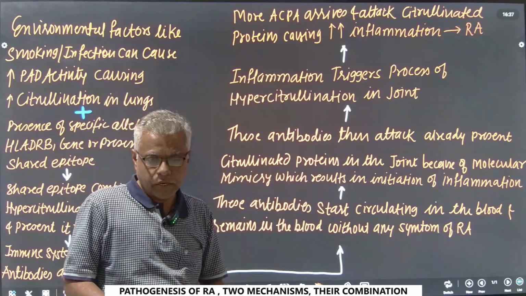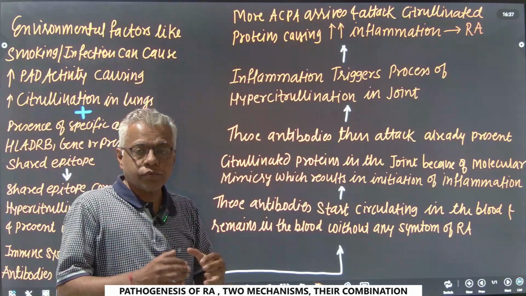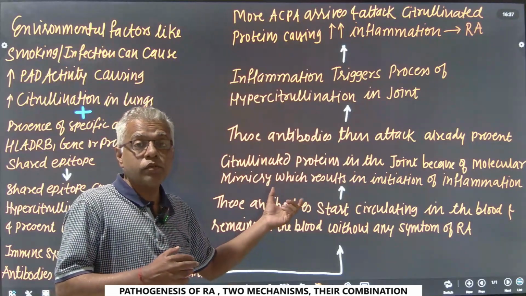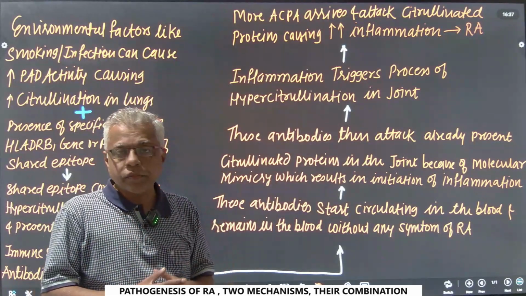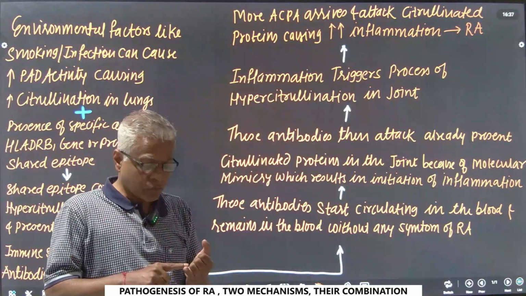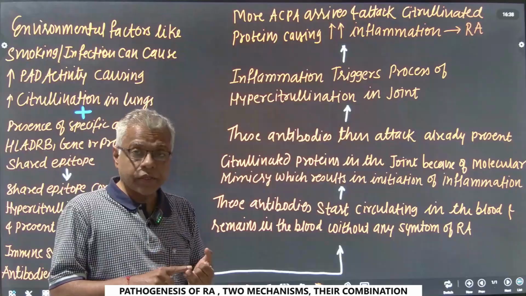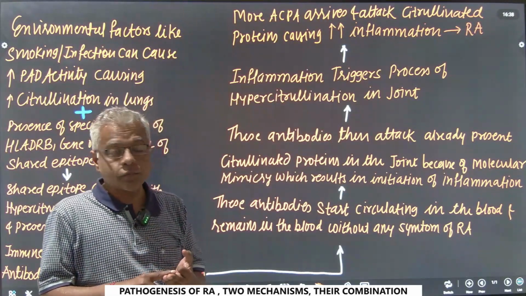So we know that these citrullinated proteins here mean the physiologically produced citrullinated proteins, they are already present in the joint. Okay, so citrullinated proteins like this vimentin, then this fibrin, then this alpha enolase.